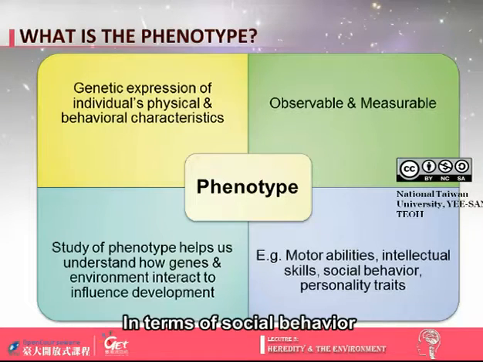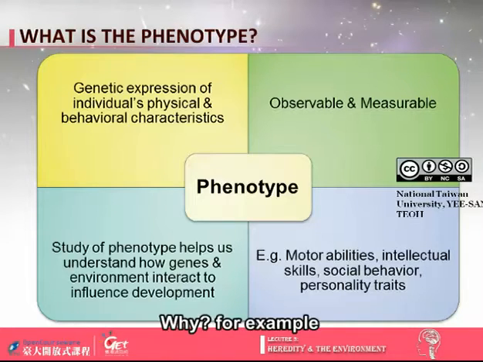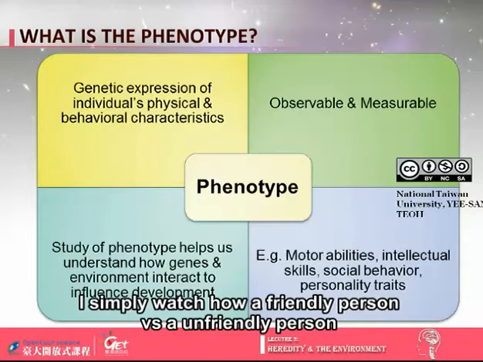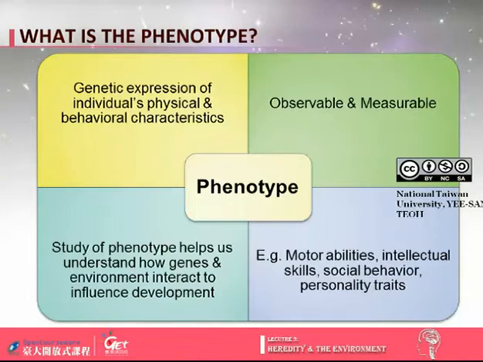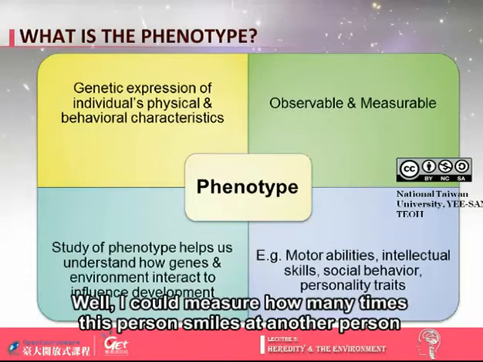In terms of social behavior, this kind of phenotype is observable. Why? For example, how friendly someone is can be observed. I simply watch how a friendly person versus an unfriendly person interacts with someone else. And it's measurable how? Well, I could measure how many times this person smiles at another person.